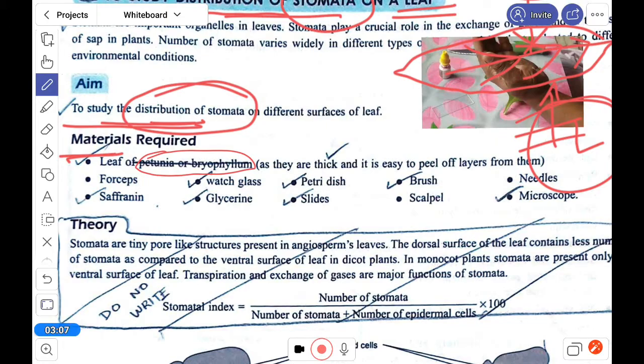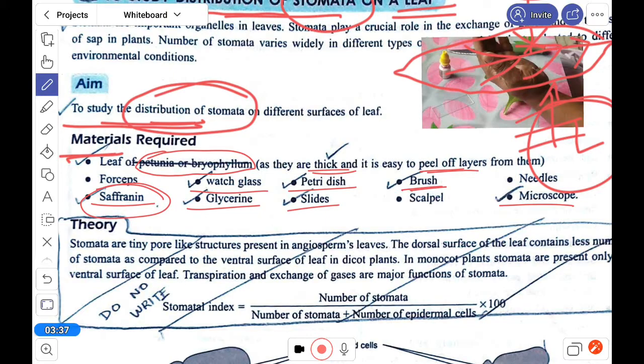The leaf should be thick, so that we can very easily peel off the layer. After that, a brush is required, the microscope of course, petri dish, slides, glycerin, watch glass, and safranin. This safranin is the staining solution.